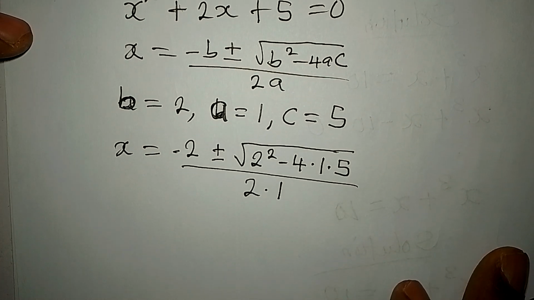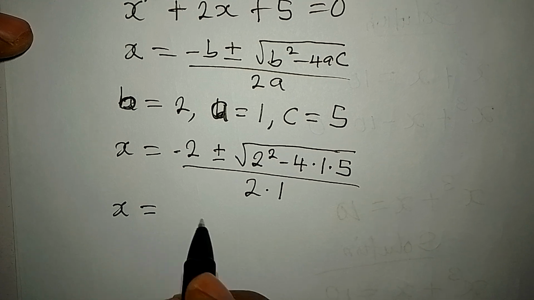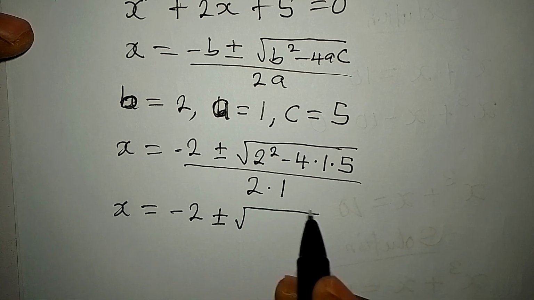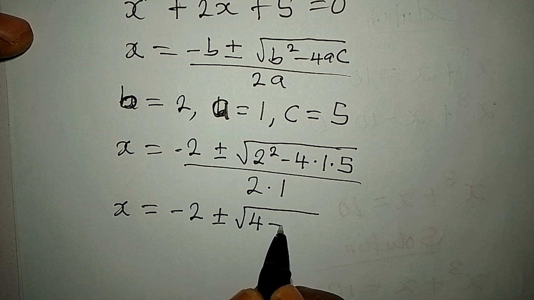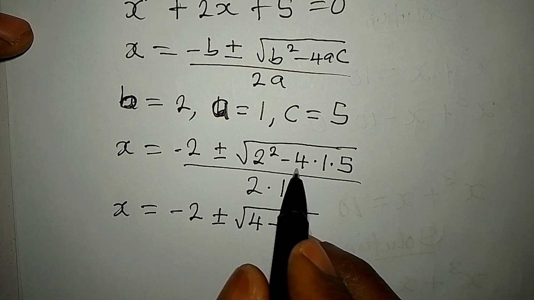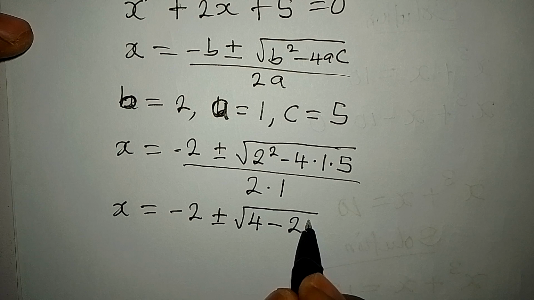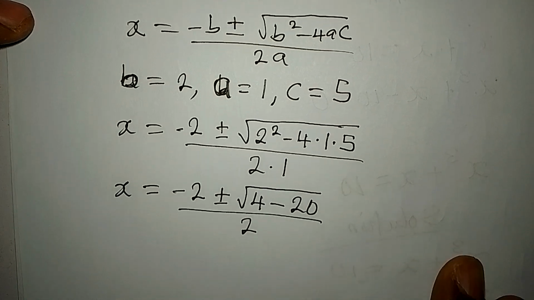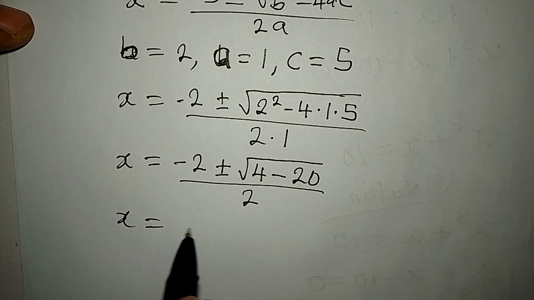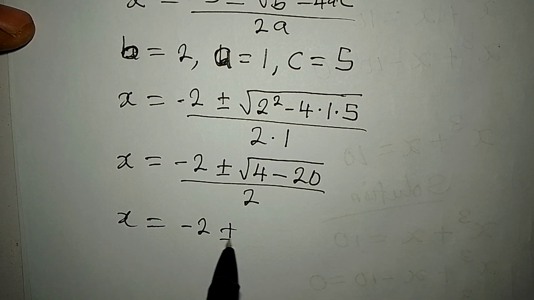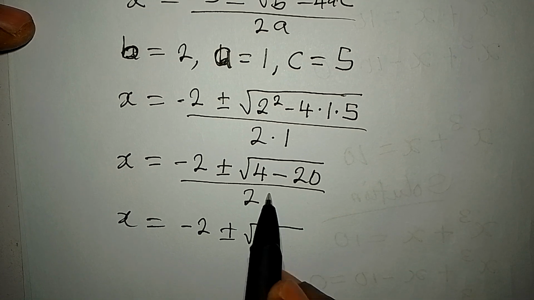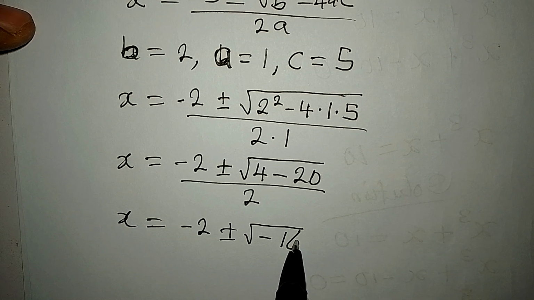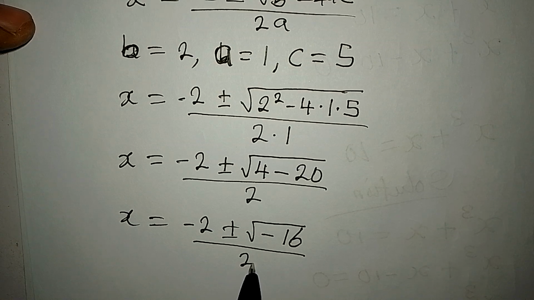Now to continue, we have x equal to minus 2 plus or minus the square root of 2 squared, which will be 4, minus 4 times 1 times 5, which is 20. The whole of this is over 2. Now x is equal to minus 2 plus or minus the square root of 4 minus 20, which gives us minus 16, over 2.